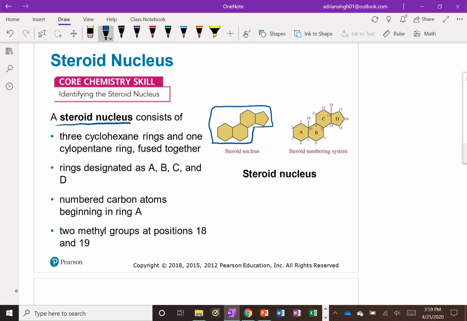There's a notation in terms of how we designate the different rings and how we number them. You don't have to worry too much about the numbering of the rings and the labeling of the rings. You should be able to recognize, though, this steroid nucleus. It's very hard to miss. It sort of jumps out at you when you look at a structure.